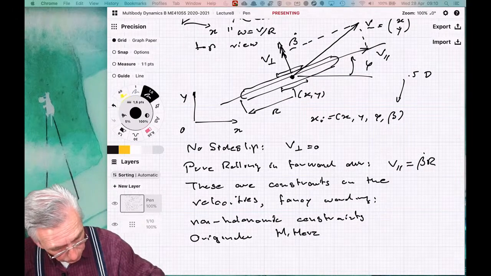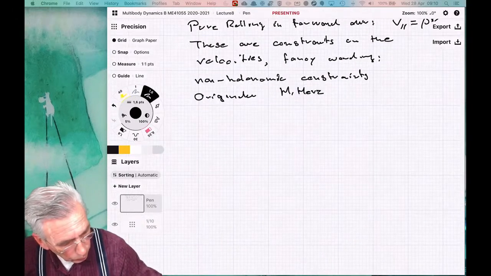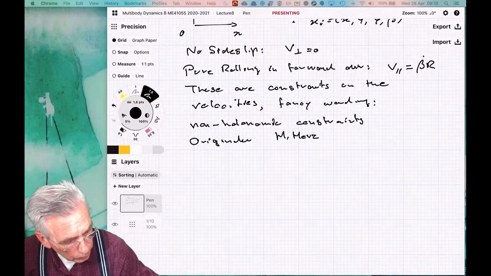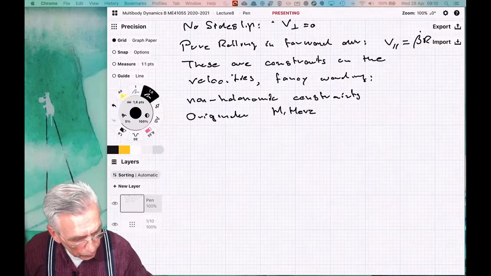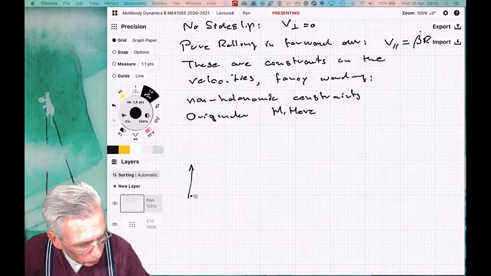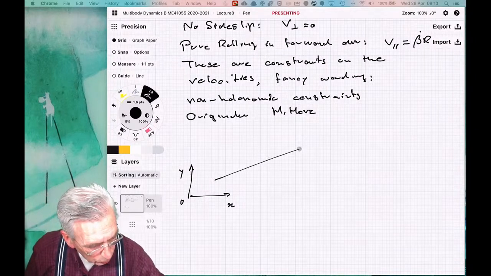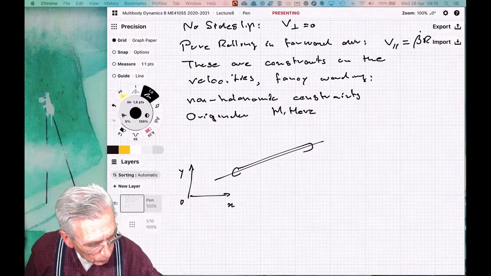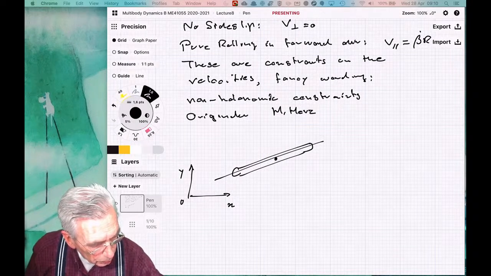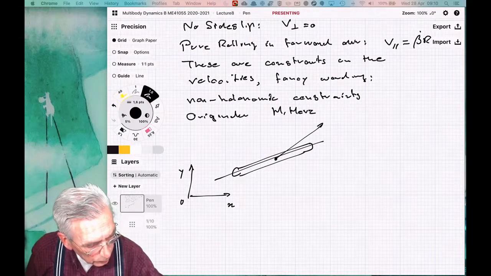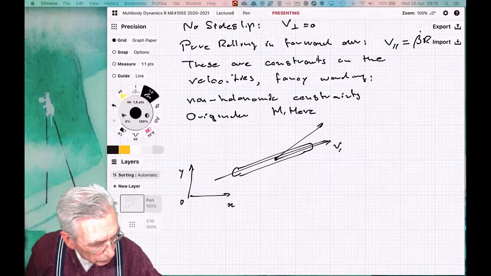Okay, let's again look more closely. We now have defined what these constraints are. Now let's look again in detail. So let's redraw the picture, x, y. We draw our wheel again. So now we know what we talk about. We have this position. We have this velocity vector here, which we defined as v.